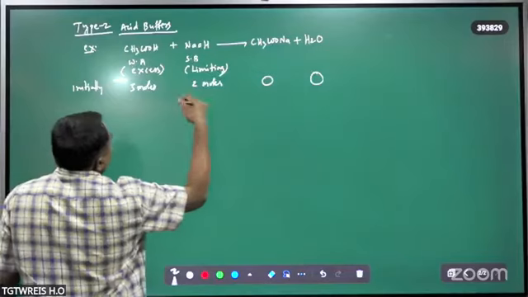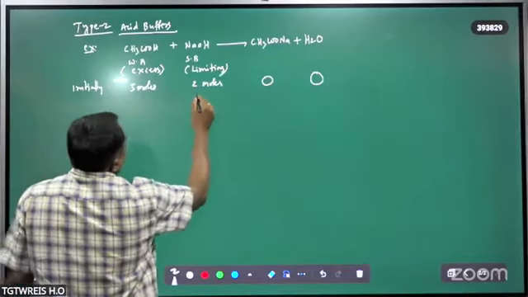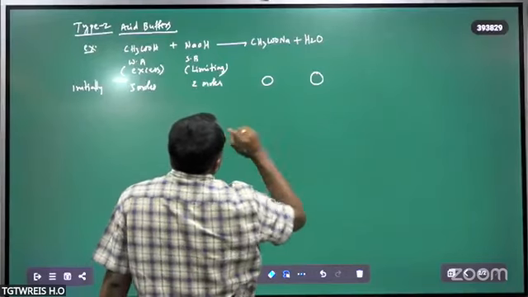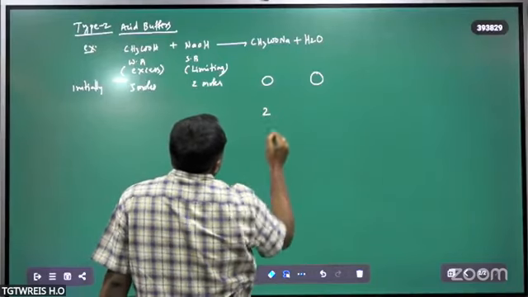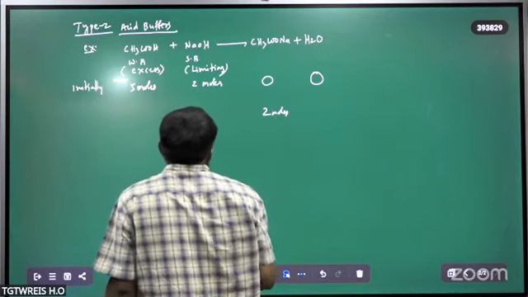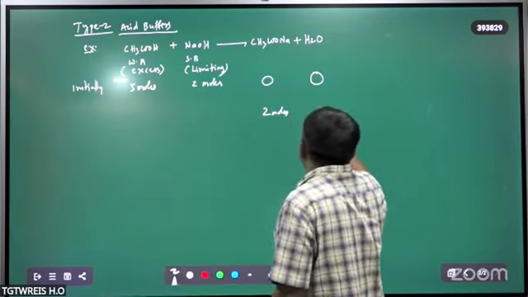After the reaction, the 2 moles of NaOH decide the CH3COONa formation, so you get 2 moles of CH3COONa and 2 moles of water.